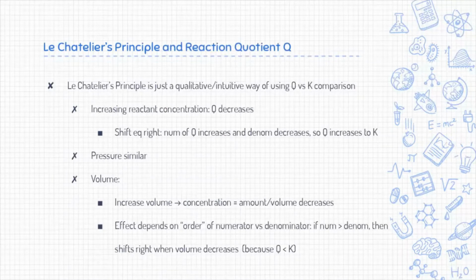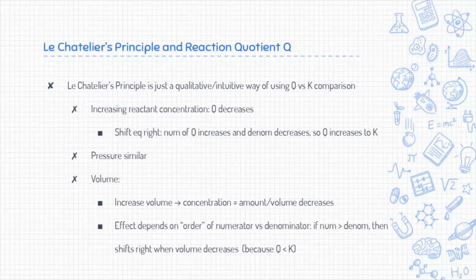It's important to realize that using Le Chatelier's principle is actually just a veiled way of using the reaction quotient Q. It's less quantitative, but in principle, you're doing the same thing. Imagine, going back to the reactant concentrations, you have A plus B yields C and D again. Increasing the concentration of A will cause Q to decrease, right?